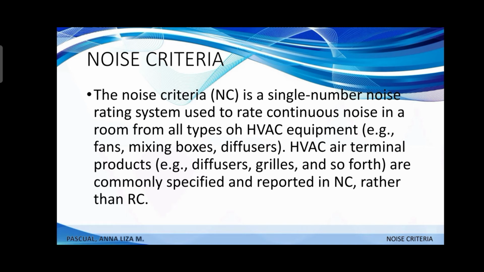NC ratings have been common in specifications for a number of years, with the most common requirements being between NC 30 through 45. Although NC offers a great improvement over previous single-number ratings, it gives little indication of the quality of the sound. A typical NC rating for classrooms, private offices, and conference rooms is NC30. In a gymnasium where a higher noise level is more tolerable, a typical rating is NC45.